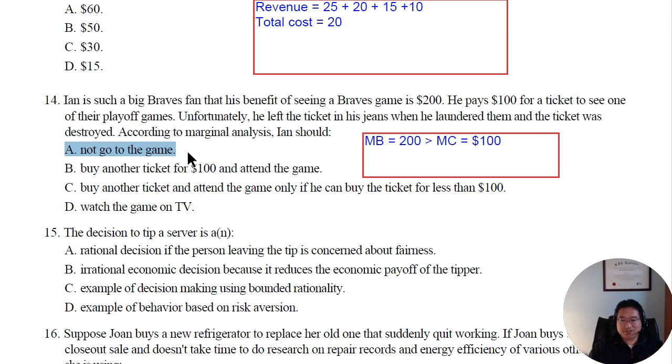What should I do? I missed that $100. I should not have laundered it. But if it's a rational decision, your next step never really involves what has been lost. You should forget about it. If you still have an extra $100, just go to the game.